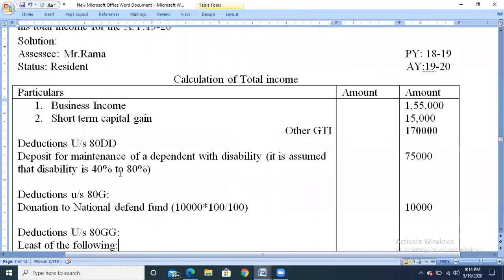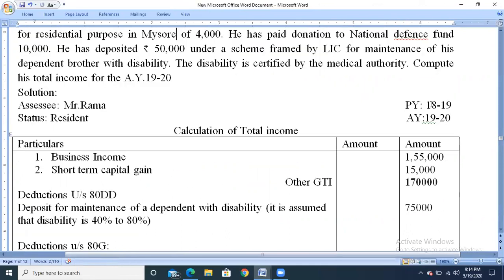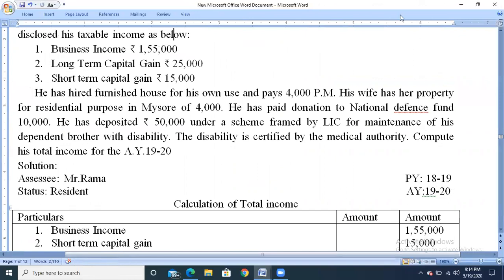First, business income, that is 1,55,000. If you check, they have given the information regarding the long-term capital gain. Any long-term capital gain will not be added to the gross total income, and that amount will be added back after the deductions. So be careful.